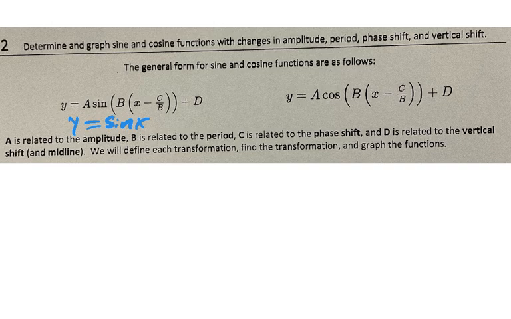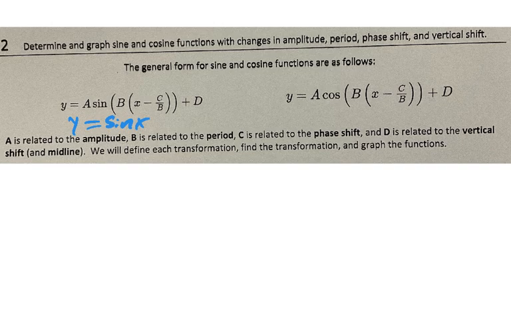And by default, sine and cosine have a period of 2 pi. So in this case, the b value is 2. So what would be 2 pi divided by 2? It would just be pi. And so this function has a period of pi.